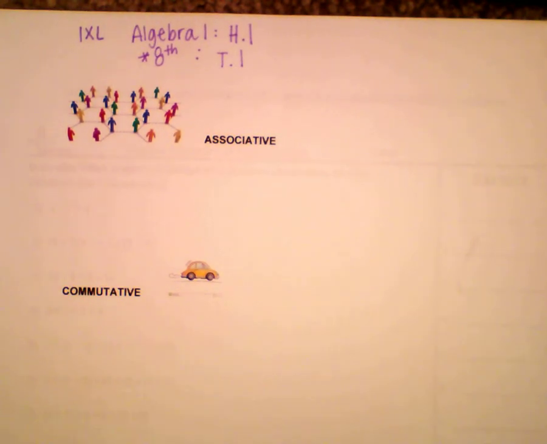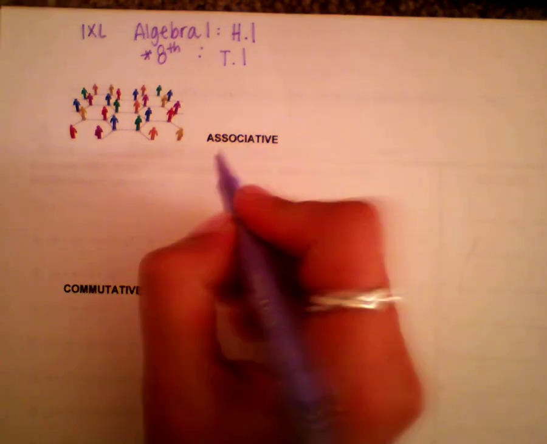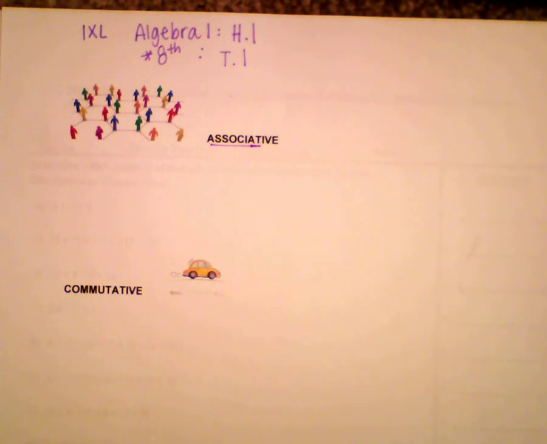Alright, so let's review. A few things that we're going to talk about are ways to help us remember what these properties mean. So for the first 2, there are pictures there to help you. So let's think. Associative, we associate with people, or in the case of math, the numbers are associating with one another.